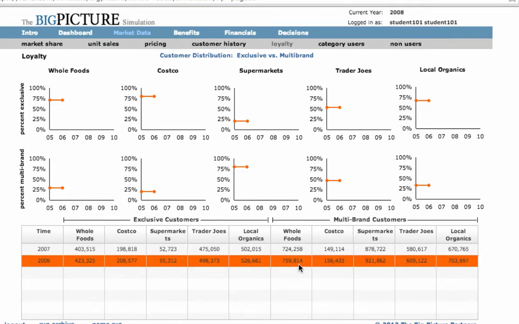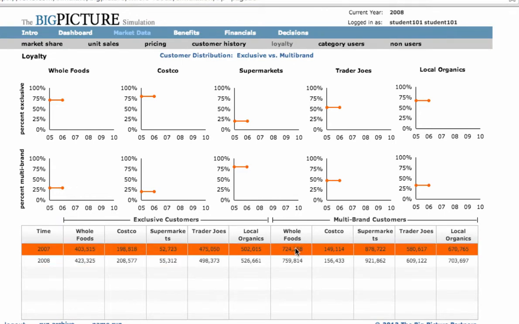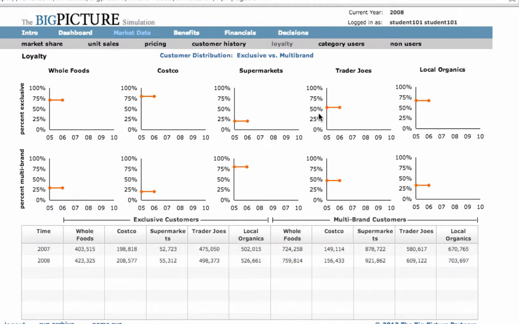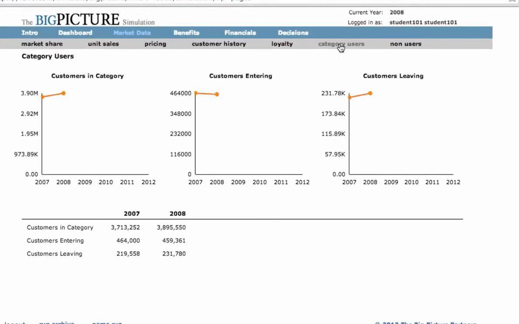From here, we can consider the entry and exit from the category as a whole, and this is presented in category users and non-users. This simply shows an overall example of how many customers are in the category, how many customers have entered in a certain year, and how many have left in a certain year.